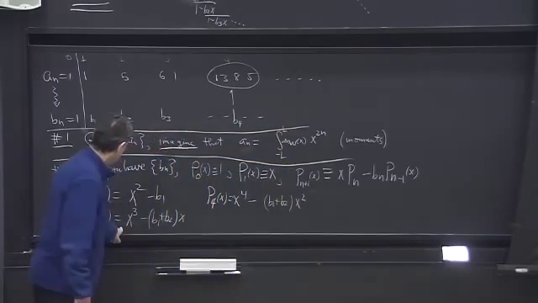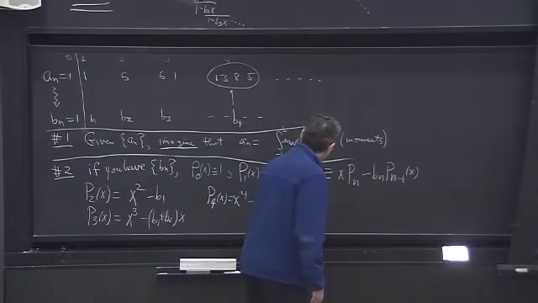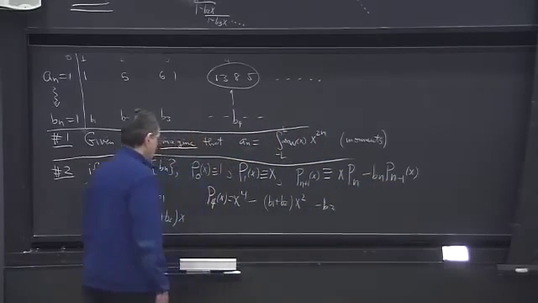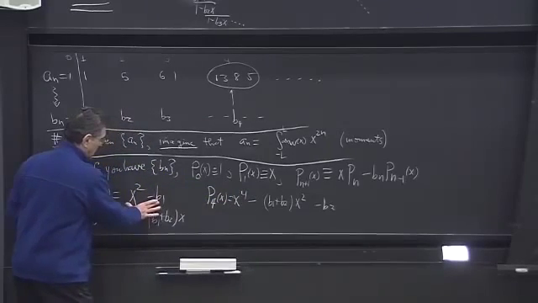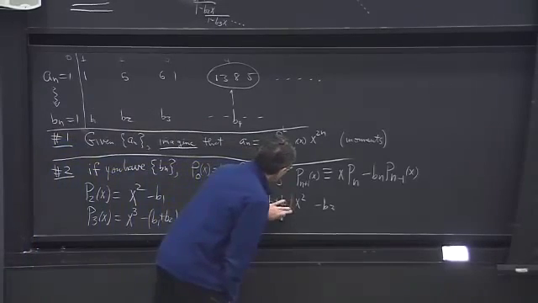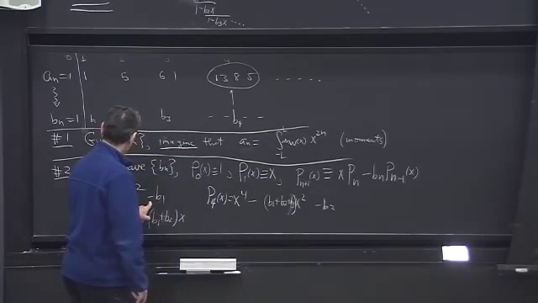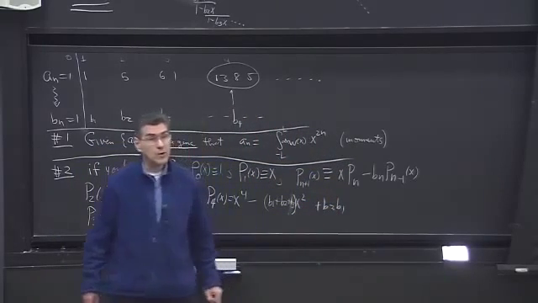So it's x times this, okay? And then minus b3 times p2. So it would be b3 times this right here, so it would be plus b3, and then b3 times b1 would be plus b3 b1. Okay? Do you agree? Is that okay?